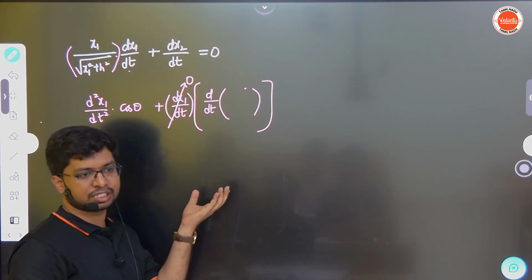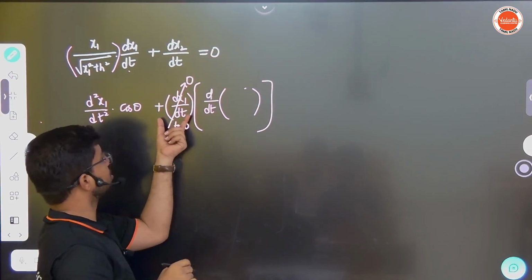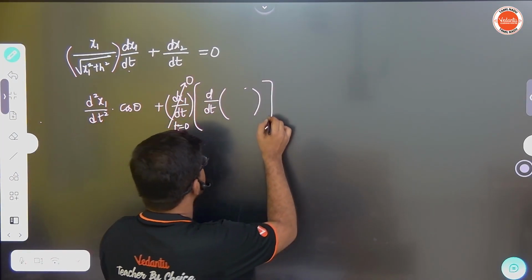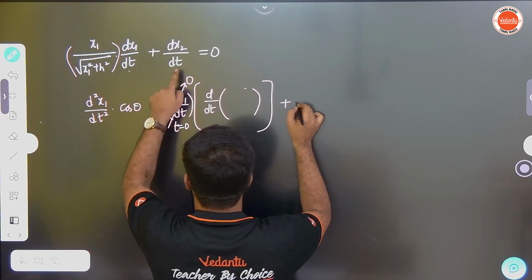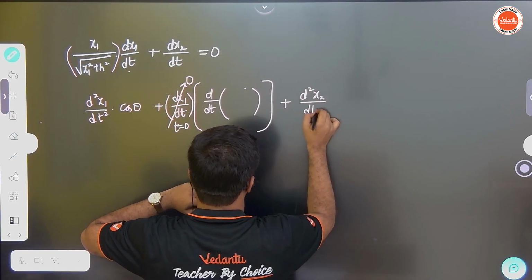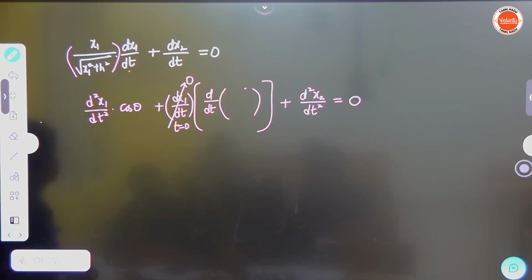Correct or not? dx1 by dt at a time t equal to 0, this term will become 0 here. Understood? So then plus this is your d square x2 divided by dt square equal to 0. Clear?